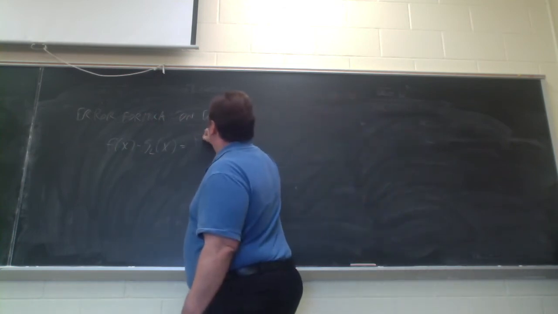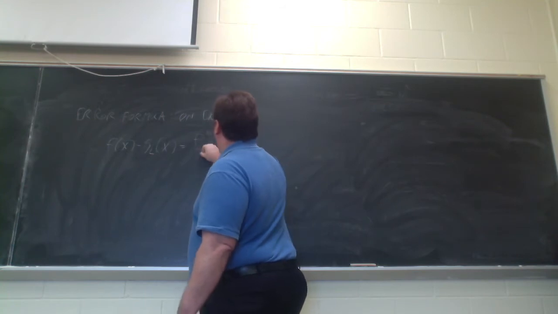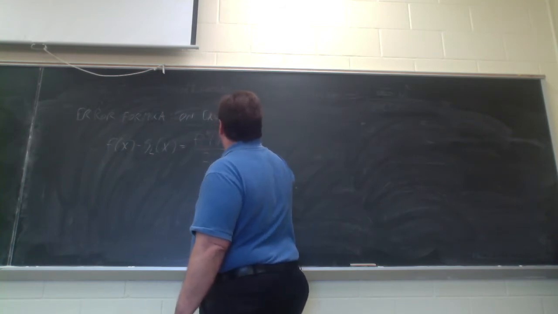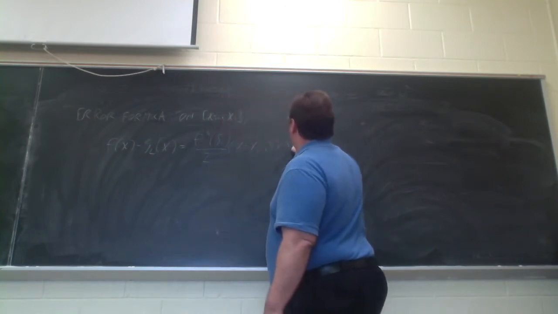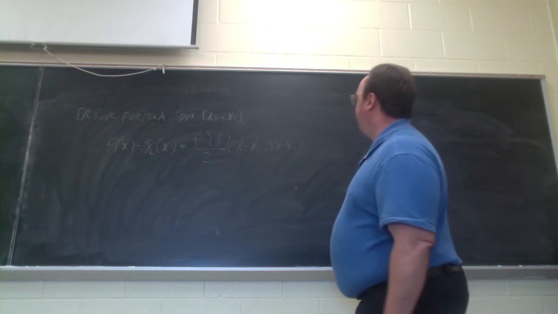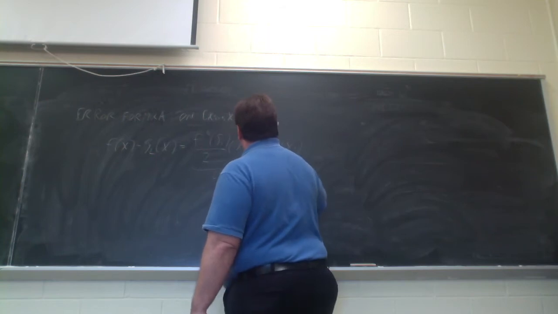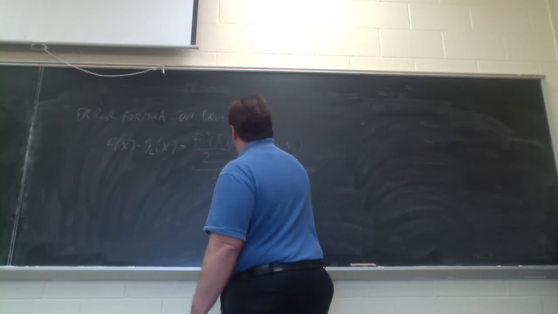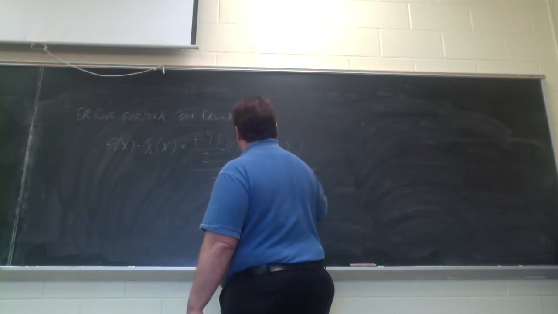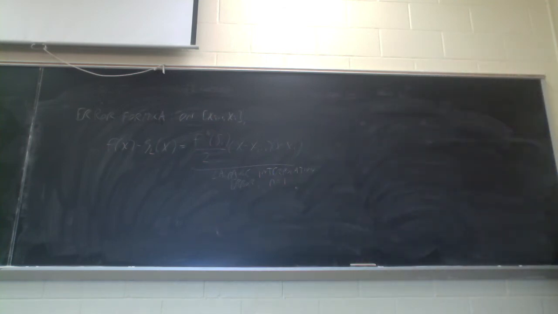So it'll be f double prime at some unknown point over 2, and then you have x minus each of the interpolation points you're using for this interval. So this is just the Lagrange interpolation error for the case of n equal 1, because we just have a degree 1 interpolant on that piece.